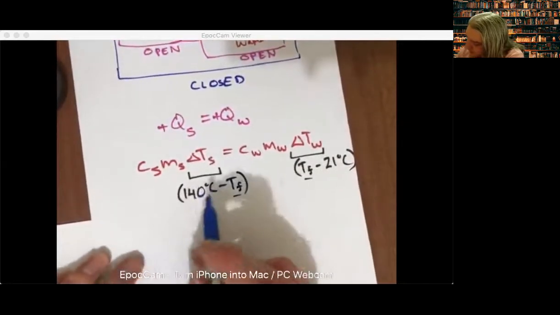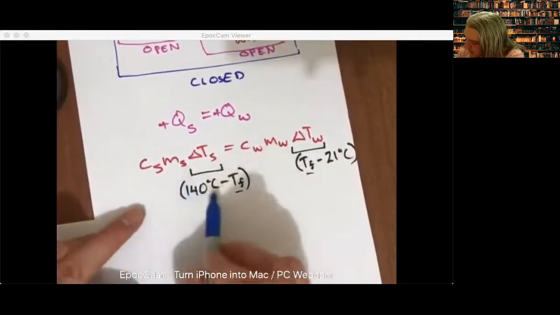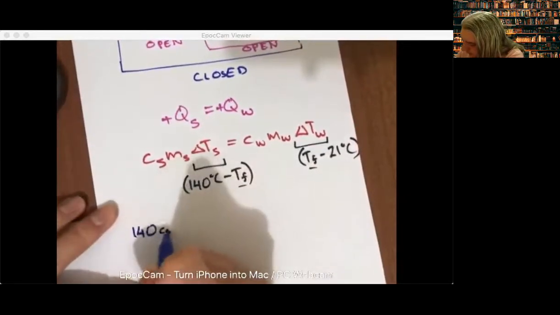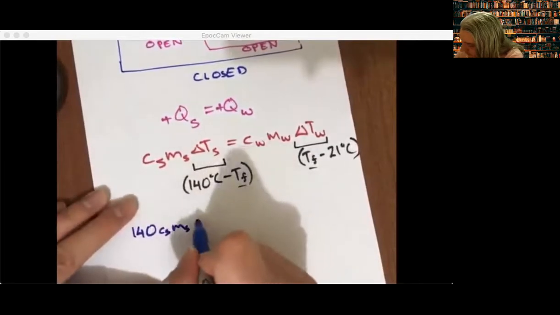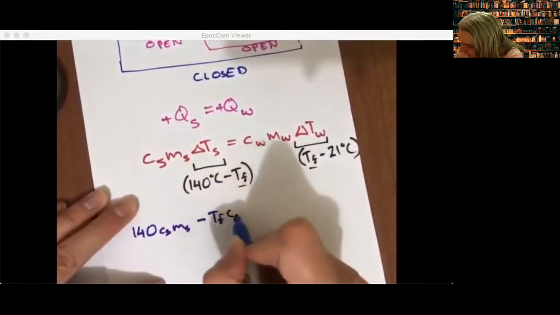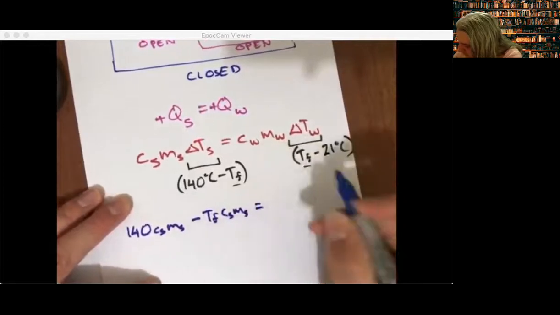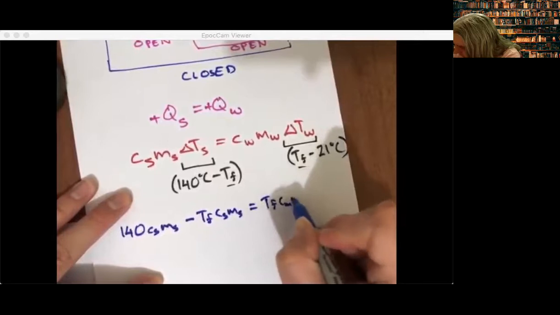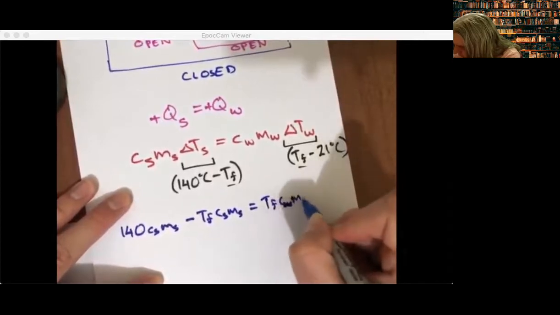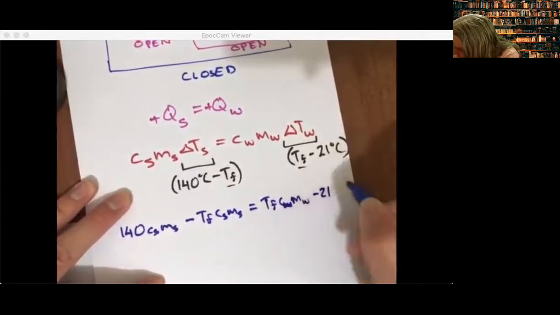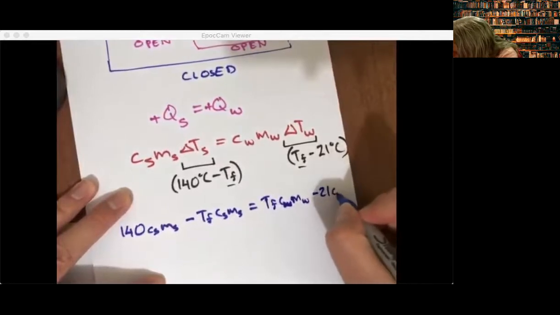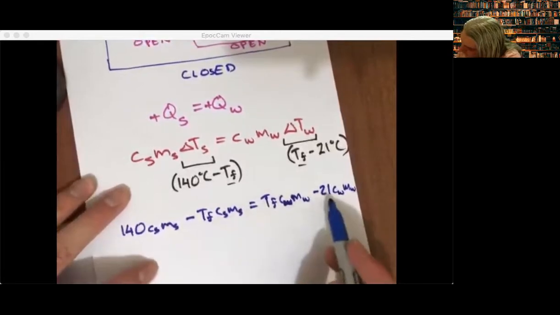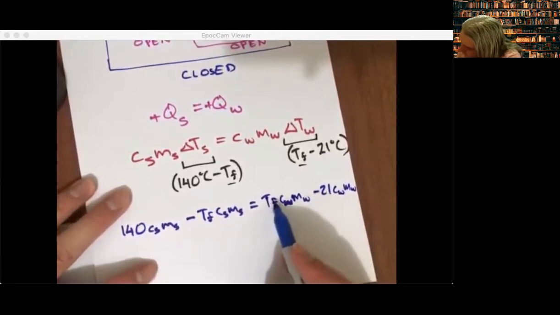So the maths is just saying that if we expand this bracket and that bracket, we get 140 C_S M_S minus T_F C_S M_S is equal to T_F C_W M_W minus 21 C_W M_W. So we can bring the two T_F terms over to one side.